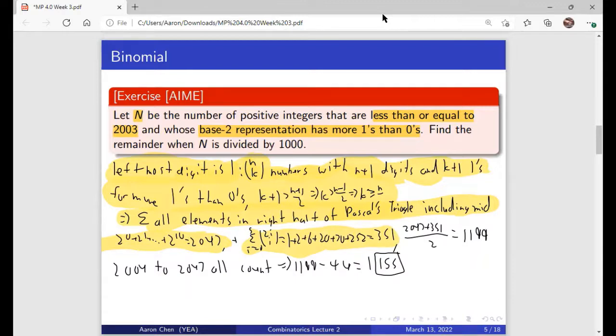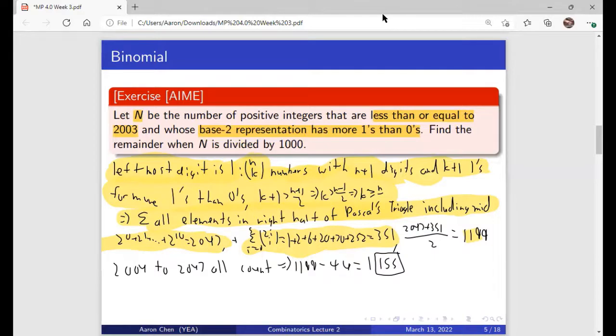And you can just see that the numbers are 1, 2, 6, 20, 70, 252. And their sum is 351. And so we want to find the sum of these and divide it by 2. And so the end result is 1,199.